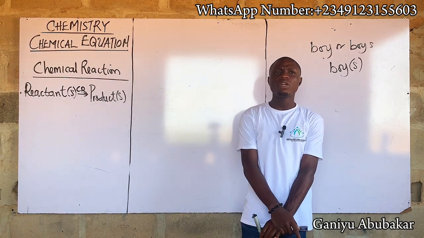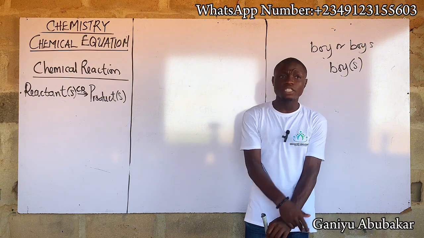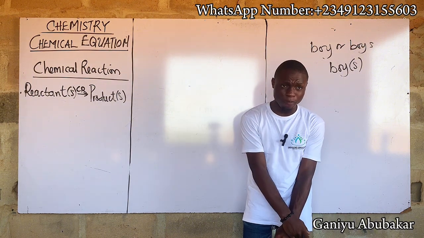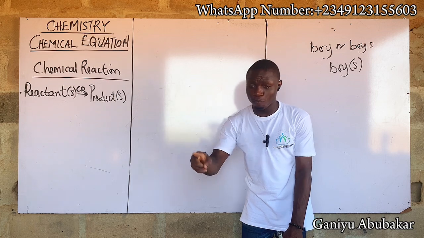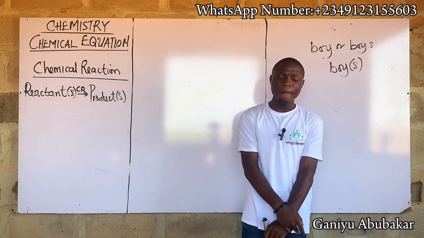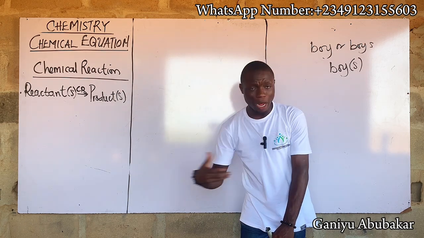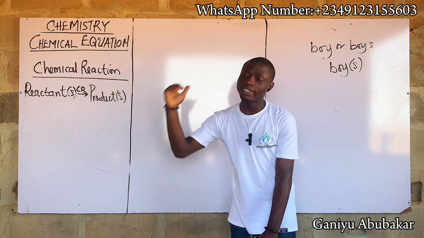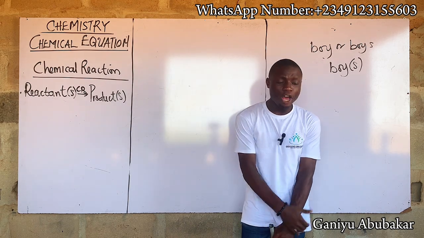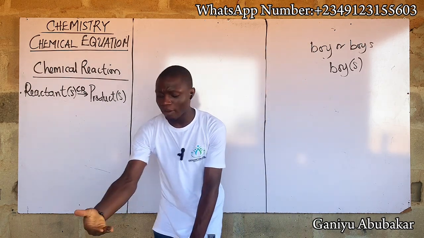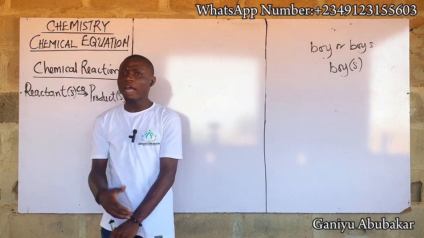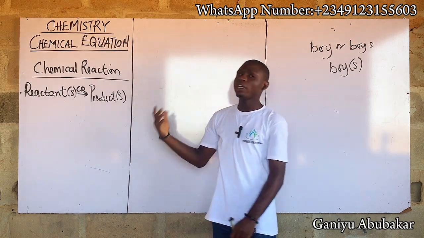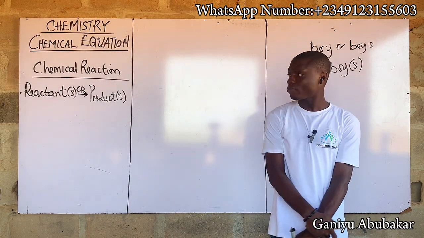Now listen up. The key thing to note under chemical reaction is that an element can combine to form a compound, or an element and a compound combine to form several compounds, or a compound and a compound combine to form several higher compounds. That becomes your takeaway under chemical reaction.